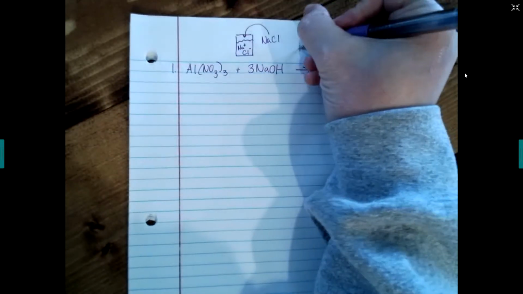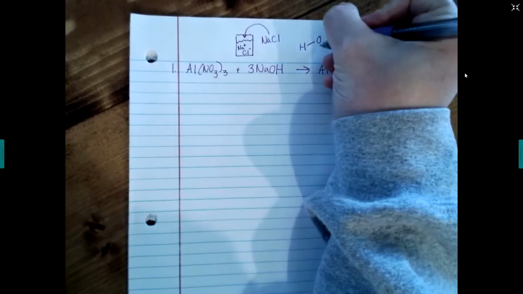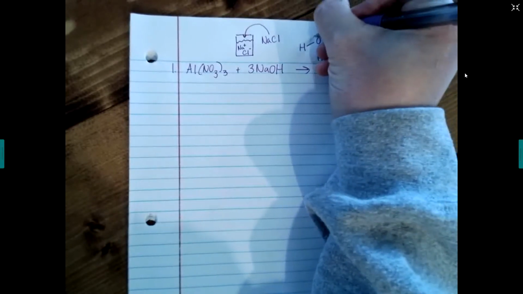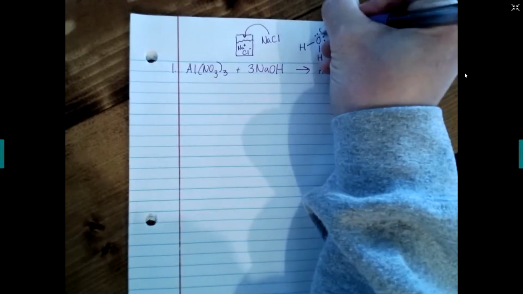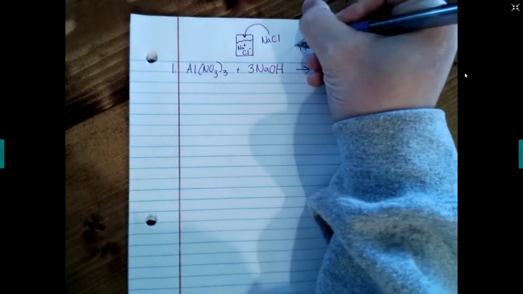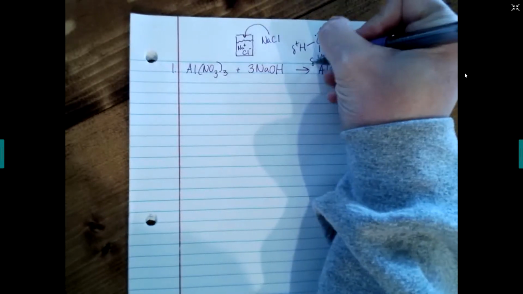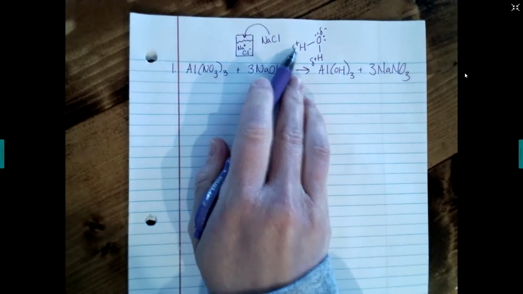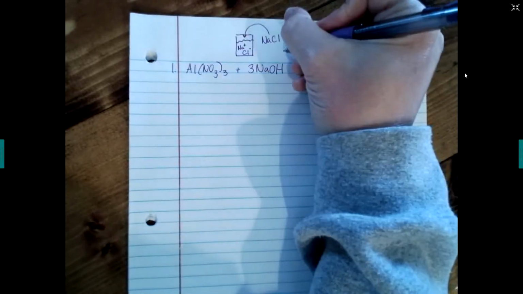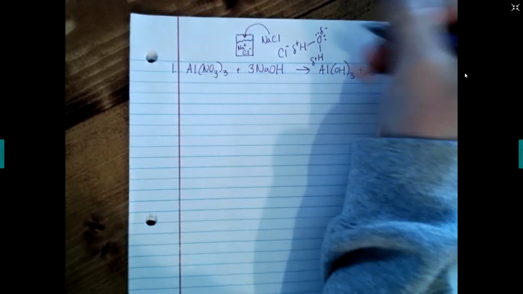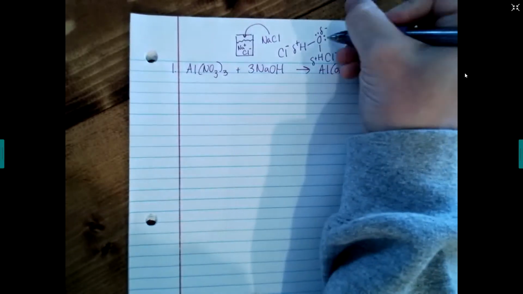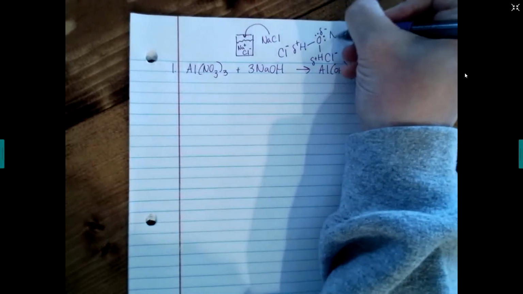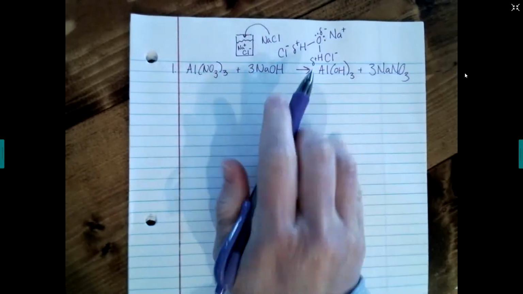Remember, water is a very polar molecule, with a slightly negative charge on the oxygens and a slightly positive charge on the hydrogens. So those hydrogens would attract the nearby chloride ions, and that oxygen would attract the nearby sodium ions.